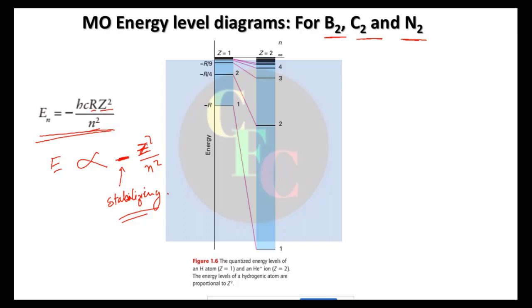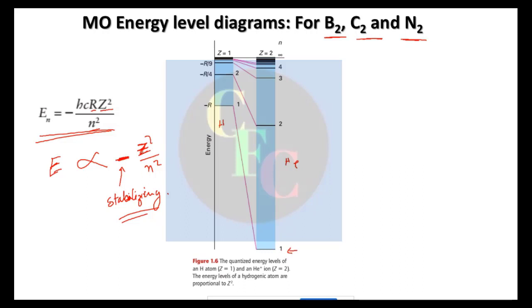More Z means more protons in the nucleus, so the electron will be more attracted towards the nucleus. See here, this is for hydrogen and this is for the helium atom. We are now considering atoms. Just to show that for the first orbital, n equals 1, in Bohr's theory, which has some defects, the energy for hydrogen was here, whereas for helium it has gone down here.